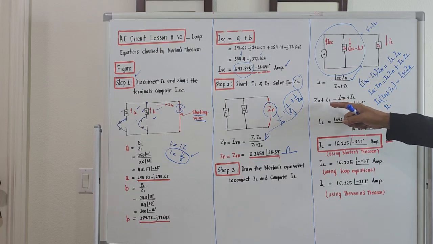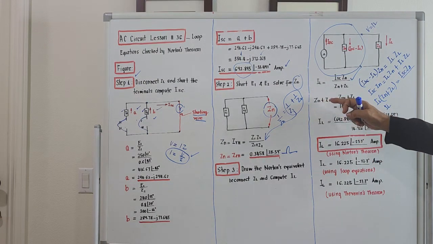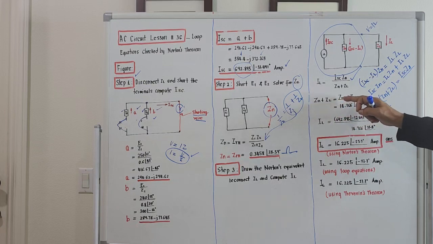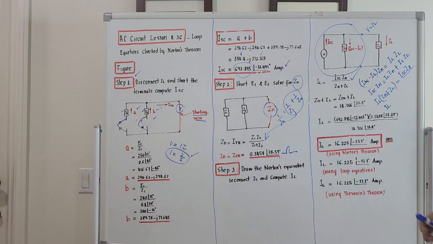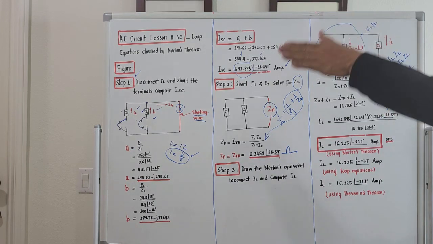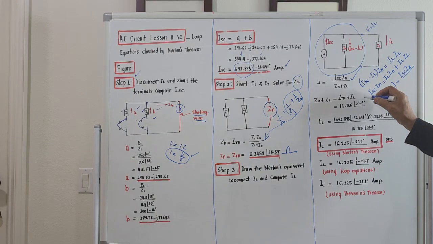Z sub N plus Z sub L is actually the same as ZTH plus Z sub L, because the open circuit impedances ZN and ZTH are the same and ZL is equal to ZL. So what we have got under Thevenin's theorem, I can still use under Norton's.